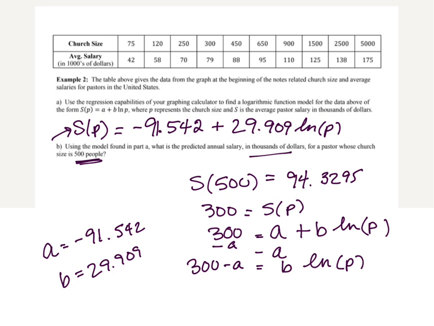Divide by B on both sides. B and natural log are conjoined here, it's B times natural log P. So 300 minus A over B is equal to natural log P.